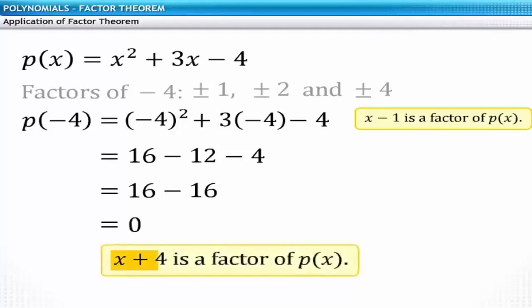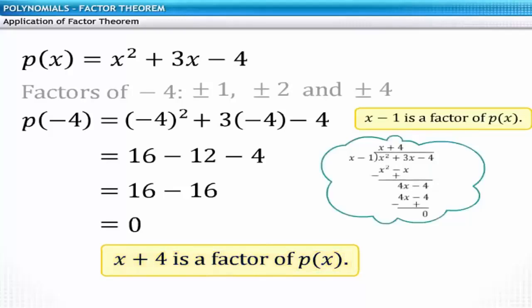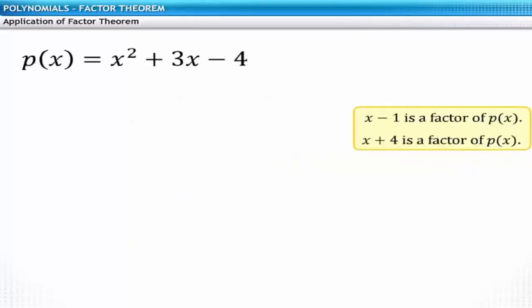Therefore, x plus 4 is also a factor of p of x. This can also be obtained by dividing the polynomial by x minus 1. The obtained linear polynomials are the factors of the quadratic polynomial.